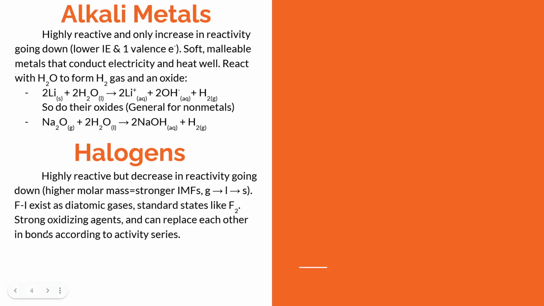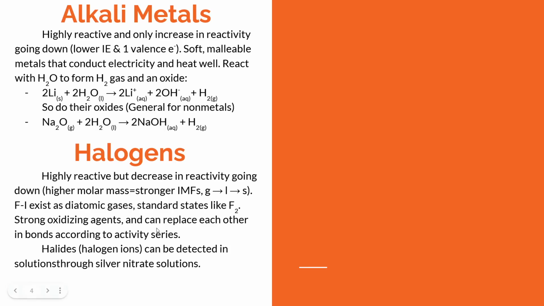As you see here, they are strong oxidizing agents, and they can replace each other in bonds according to an activity series. Now, halides, or halogen ions, can be detected in solutions through silver nitrate solutions, where the nitrate is going to be a spectator ion, which is why it's not represented here.